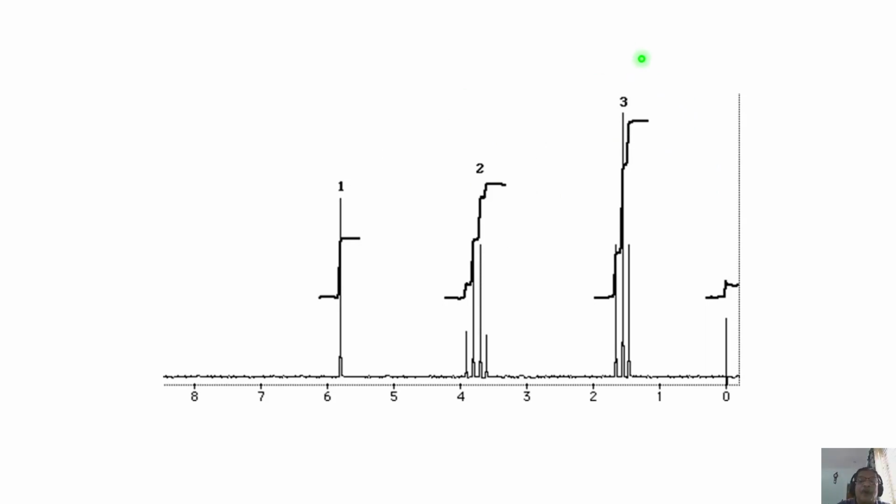It could be multiples, for example 2, 4, 6. That's also allowed. The ratio of the multiplicity of these three groups of peaks is 1:2:3. Because this can be CH2, this can be 4 protons, this can be 6 protons.